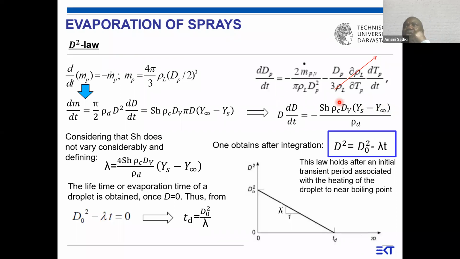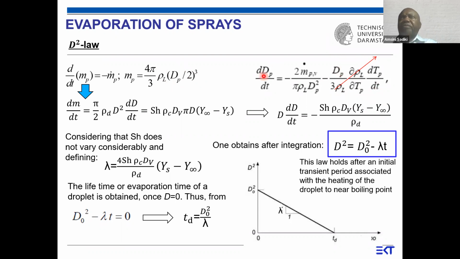But if we want to do it in a very consistent way, we can introduce this here, and we say that the diameter and the density depend on time, on the temperature of the droplets, and we will get this expression. But we say this quantity is negligible.